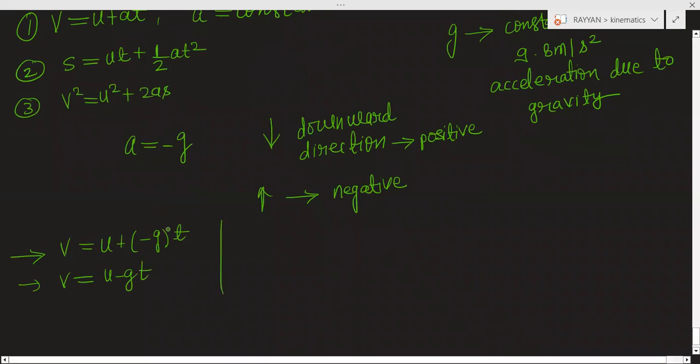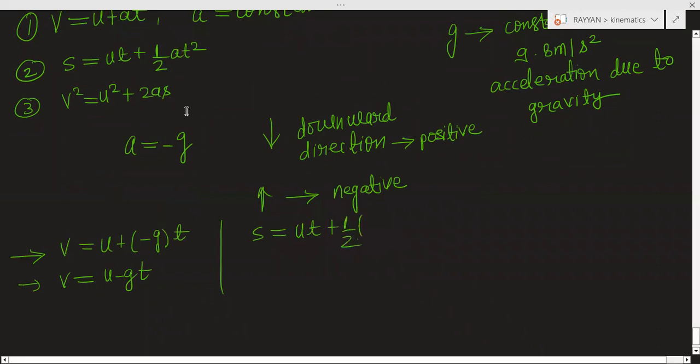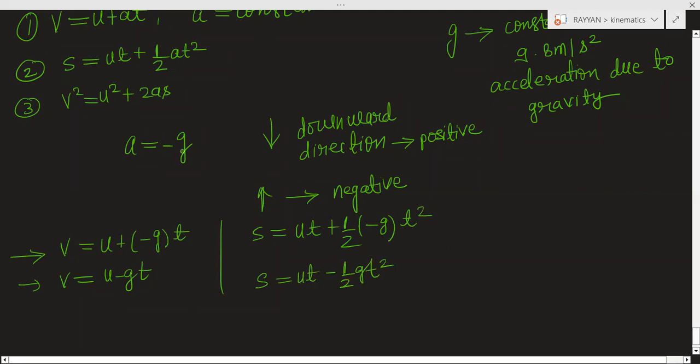Now, the second equation of motion is s is equal to ut plus half, in terms of acceleration, put the value of a, that is minus g, into t square. Now you will get s is equal to ut minus half gt square.